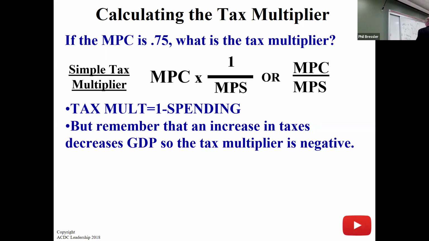The gap is 100, the multiplier is -4, and the initial change is X. So I got -4X equals 100, so X is -25. I have to reduce taxes by 25. Is everyone good on that? Any questions?